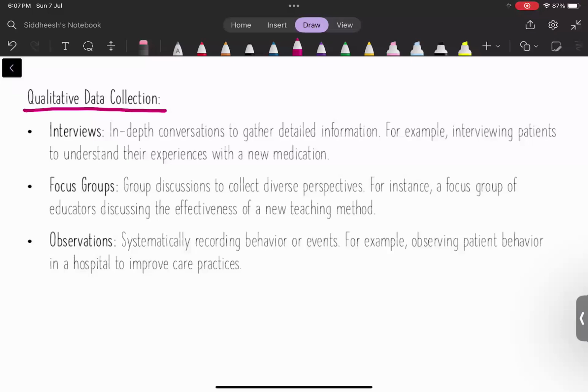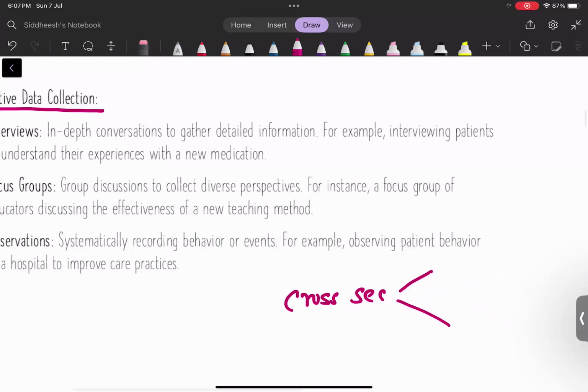In this part, we do proper prospective studies and follow-up studies. You might have heard about the cross-sectional study. Sorry, in the prospective, we have one type that is cross-sectional and one that is longitudinal.